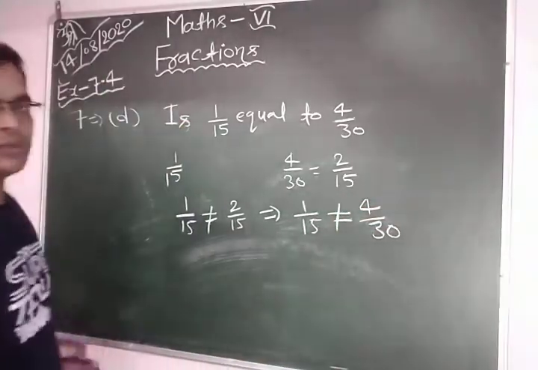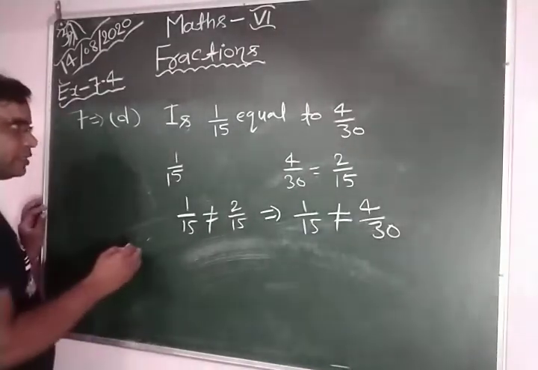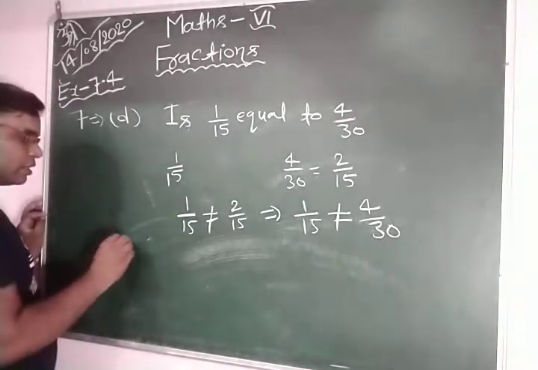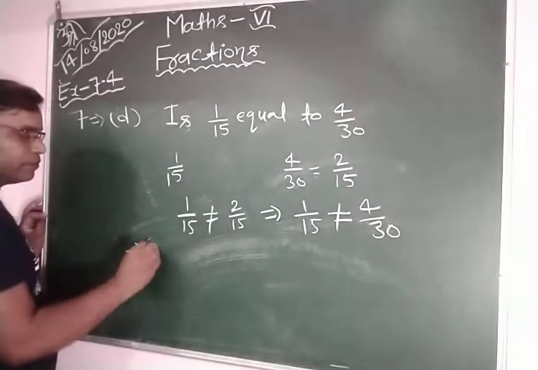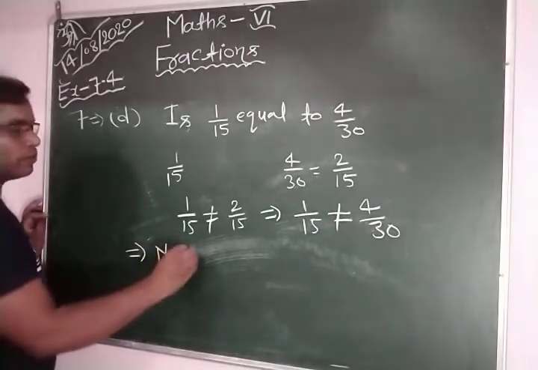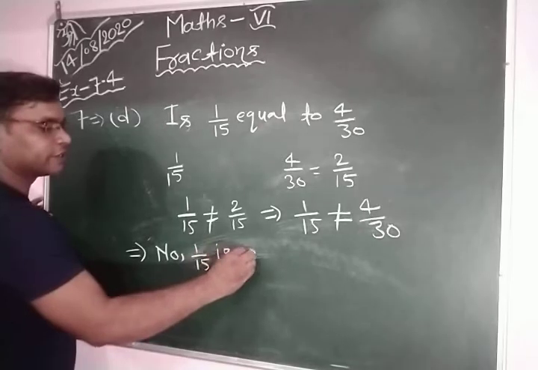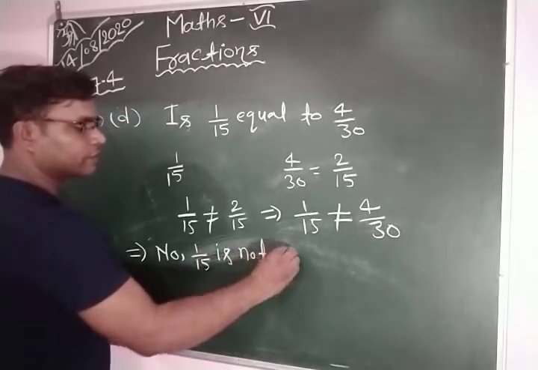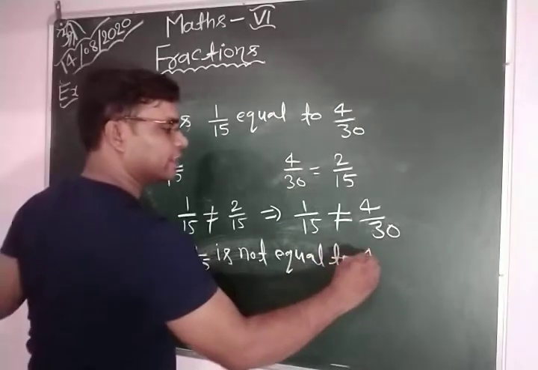Okay, so in this discussion we observe that this implies no, 1 by 15 is not equal to 4 by 30.